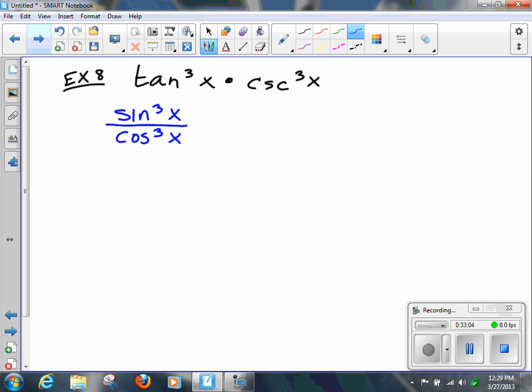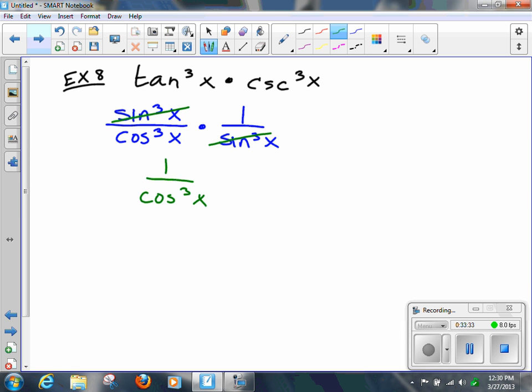Because if I can write sine cubed x over cosine cubed x, then that is equivalent to tangent cubed x, right? You writing this down? Times 1 over sine cubed x. And now what? Cross cancel sine cubed x.